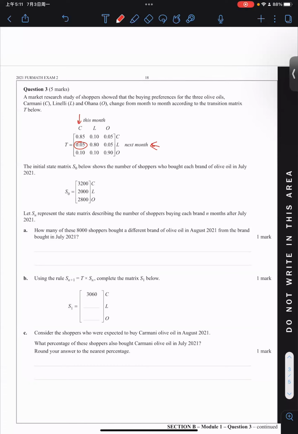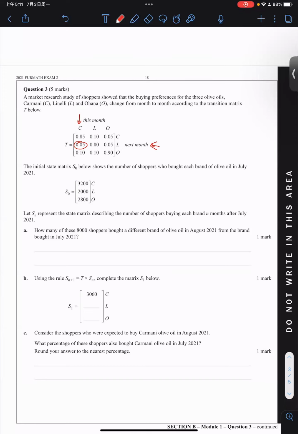Let Sn represent the state matrix describing the number of shoppers buying each brand in months after July 2021.